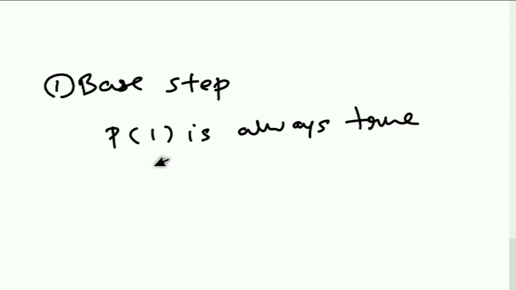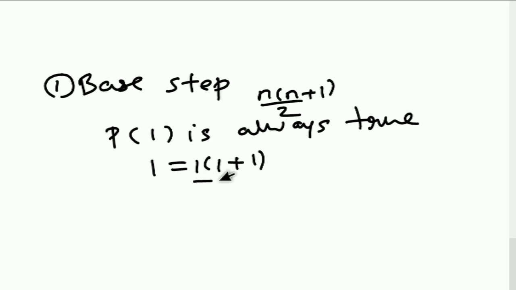What does this mean? If we have one natural number 1 and put it into the formula n into n plus 1 divided by 2, we put in 1 and solve.